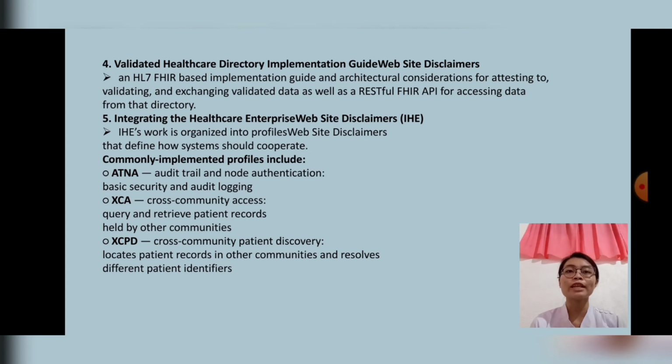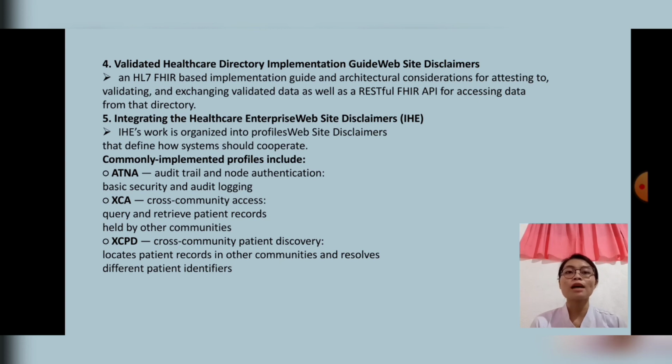Fifth is Integrating the Healthcare Enterprise, or IHE. IHE's work is organized into profiles that define how systems should cooperate, and commonly implemented profiles include ATNA, which stands for Audit Trail and Node Authentication, so basic security and audit logging.